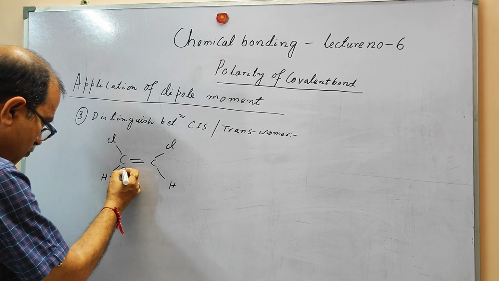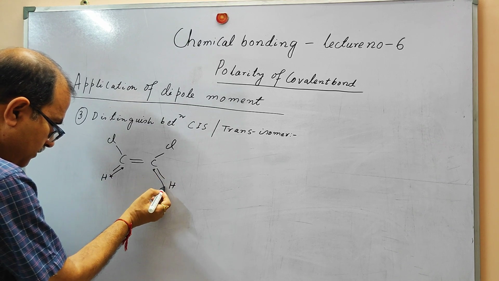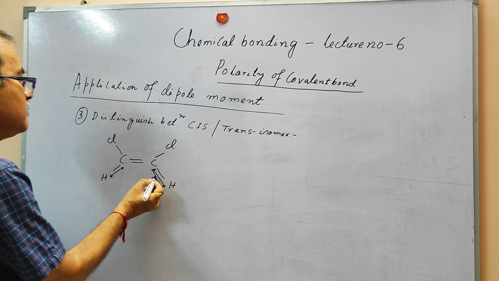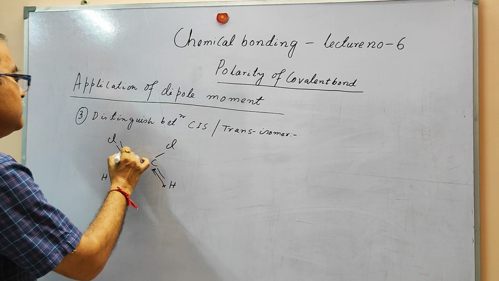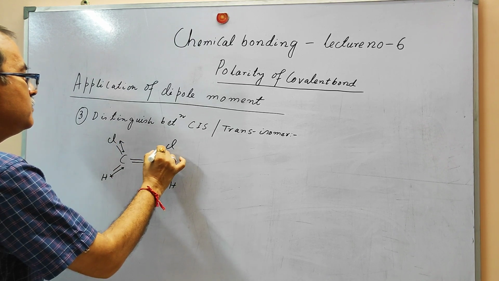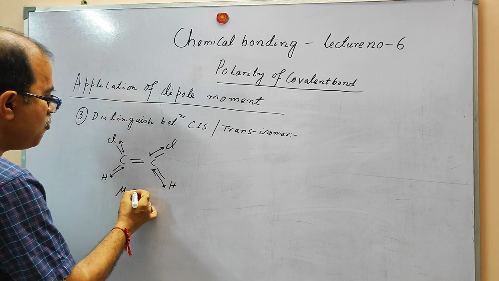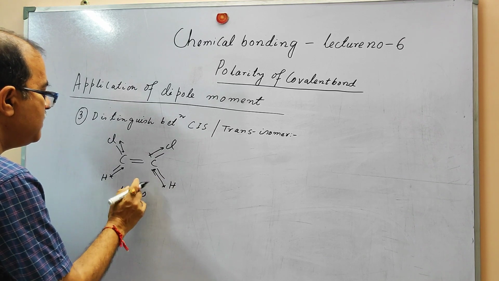Here you can see the bond polarity of the CH bond in this direction, and the chlorine is in this direction, and the other chlorine is in this direction. So in this case, what is going to happen? The resultant dipole moment will be greater than 0.